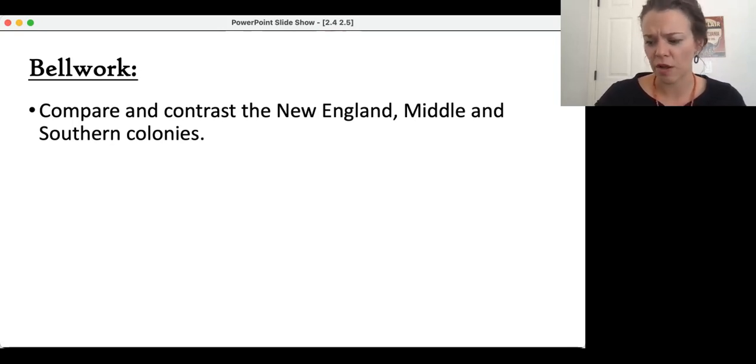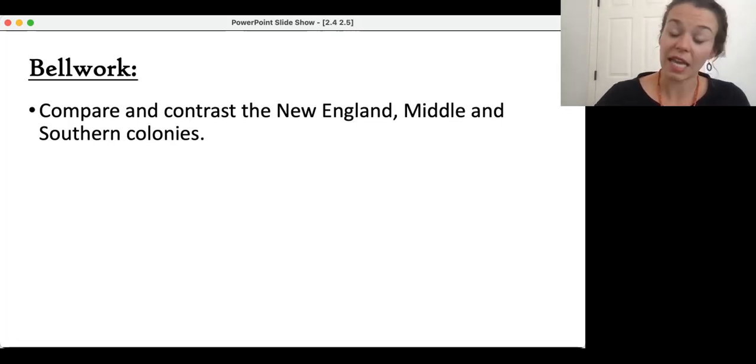An LEQ is a long essay question. It is one of the essay forms that you would see on the AP exam. So can you compare these colonial regions? Can you tell me what is similar about them? What is different? Can you sort of make a chart listing these out?